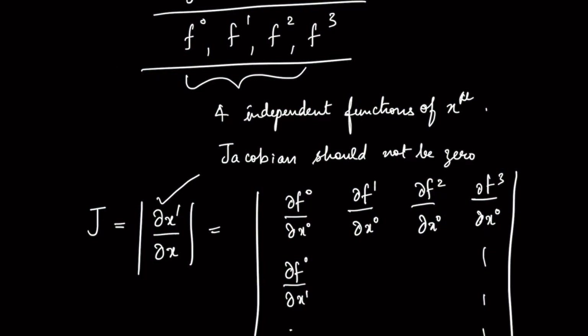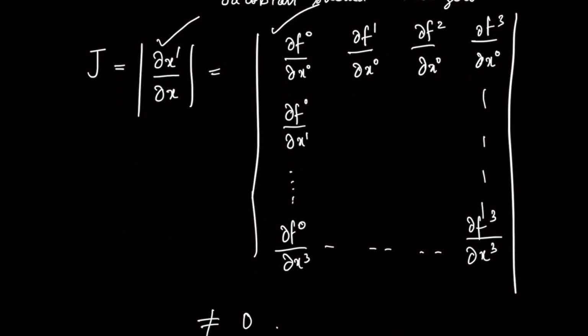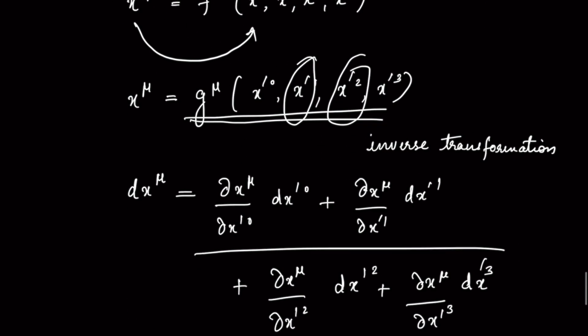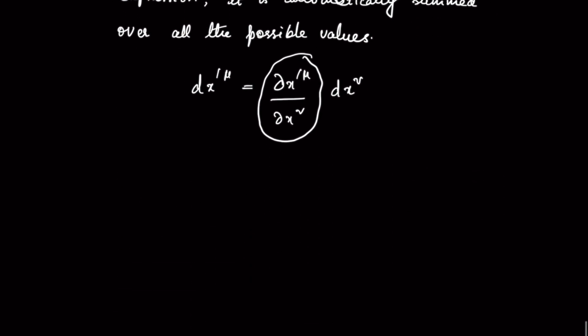So that will be dou f 0 by dou x 0. Here you have a matrix or a determinant, right? So similarly, I can write dou f mu by dou x nu dx nu. Just a notation.